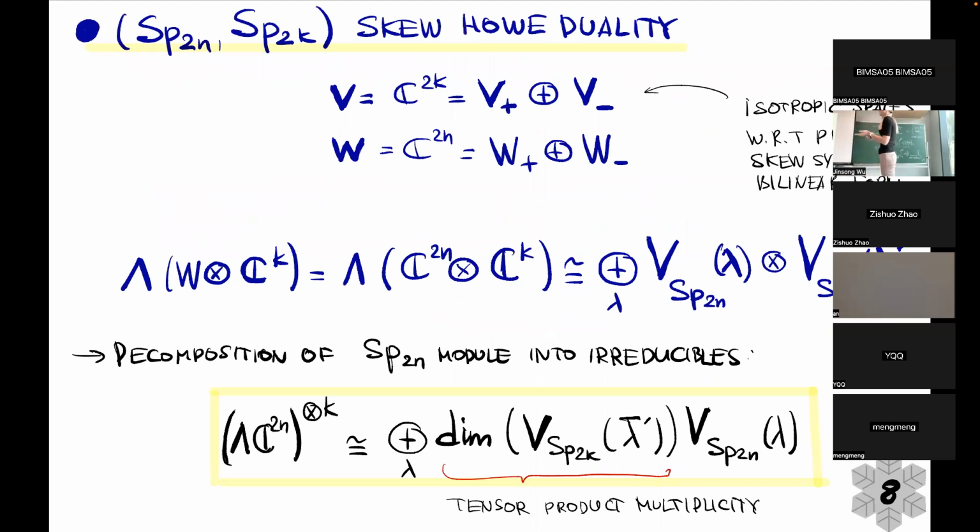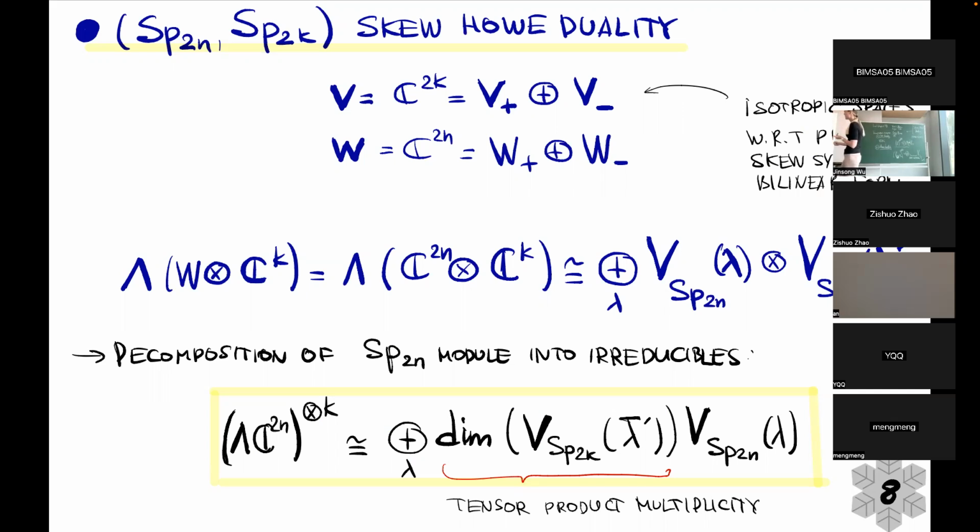Okay. So now we have all the rights to use the Howe duality for the other pairs of groups, to see what formulas for the tensor power decomposition it gives us. If we use the Sp_2n, so_2k skew Howe duality, we can consider again the standard modules, and in that case they are even dimensional.